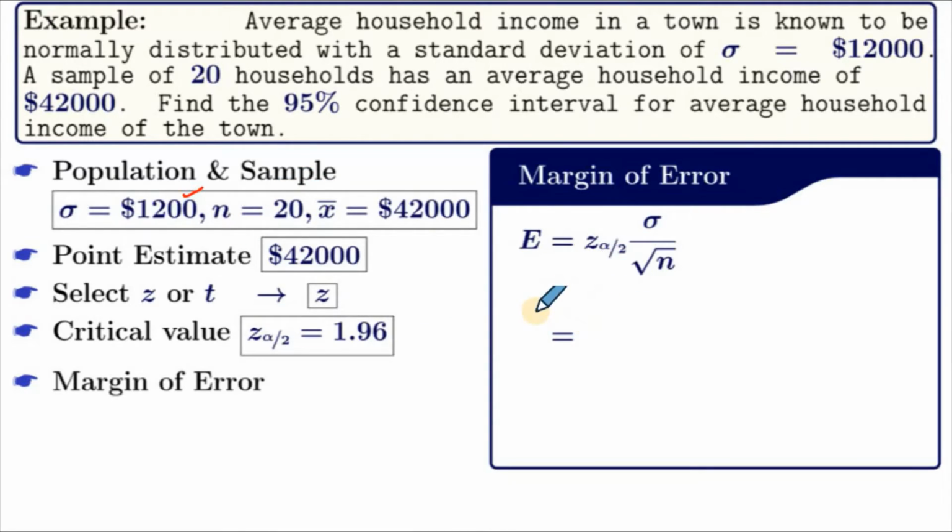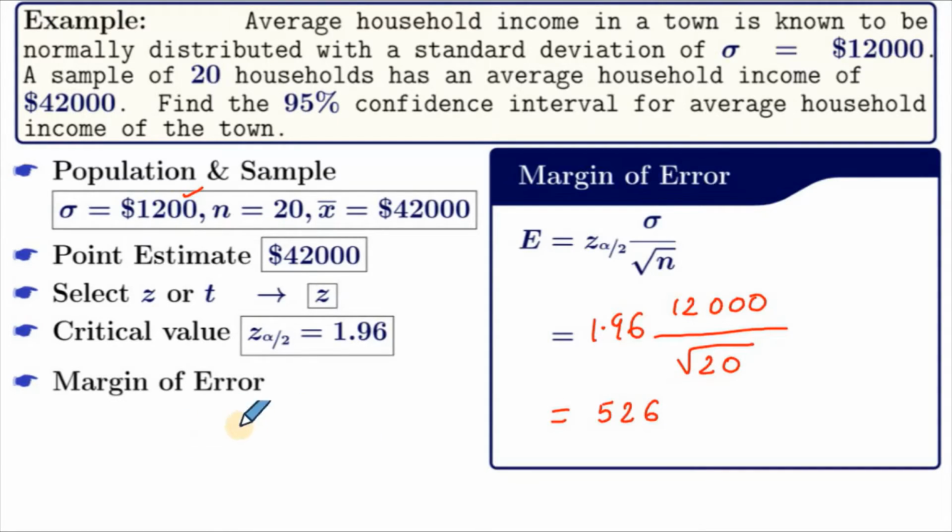Then we get E equals 1.96 times our standard deviation, which we copy here, divided by square root 20. So when you do this math, this whole thing comes out to be 526. So therefore, our margin of error is 526.